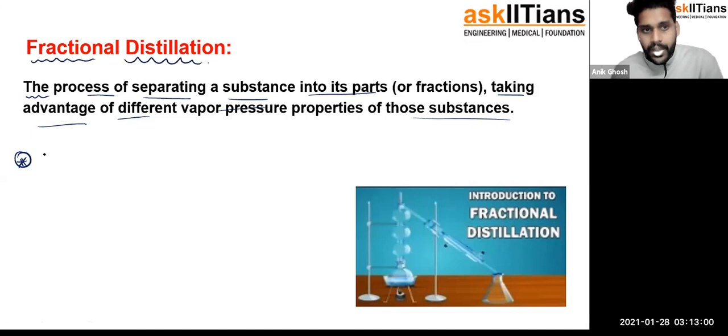In the previous example, A had a boiling point of 25 degrees centigrade and B had a boiling point of 75 degrees centigrade, isn't it? This was the previous picture.